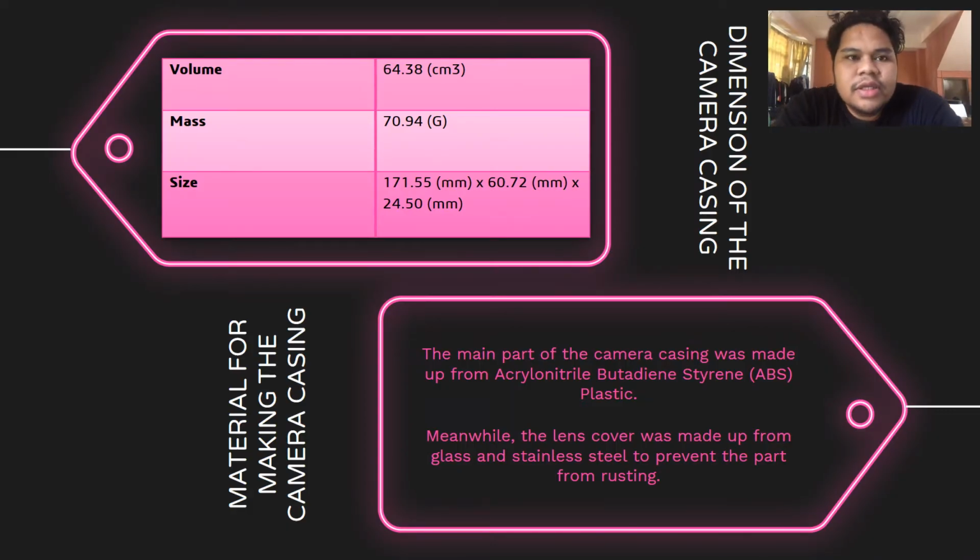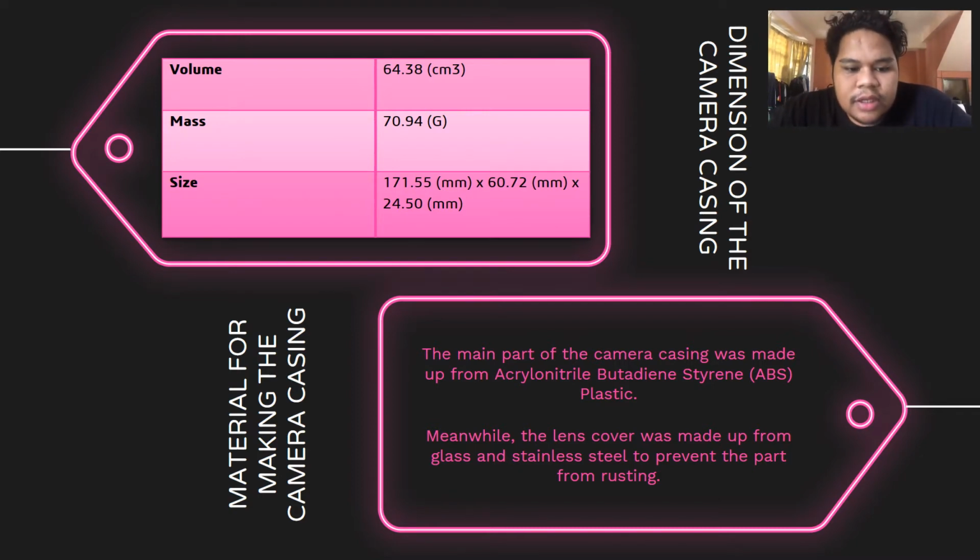The dimension of the camera casing: the volume is 64.38 cm3, the mass is 70.94 grams, and the size is 171.55 times 60.72 times 24.50 millimeters.